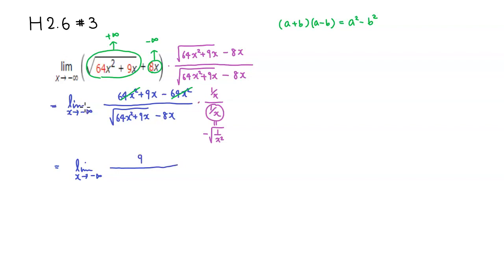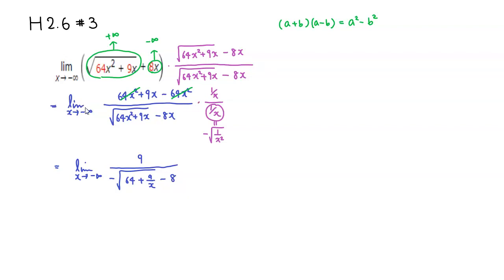When you distribute this to the denominator, you have a negative sign in front, then a square root: 64x squared divided by x squared is 64, and 9x divided by x squared is 9 over x. And then minus 8x divided by x, which is 8.